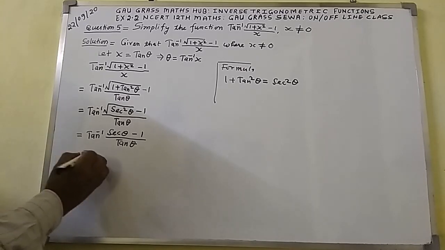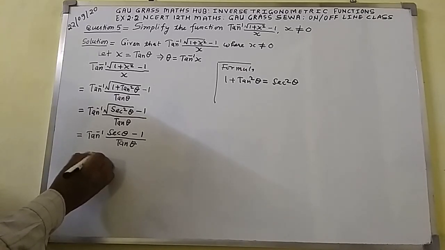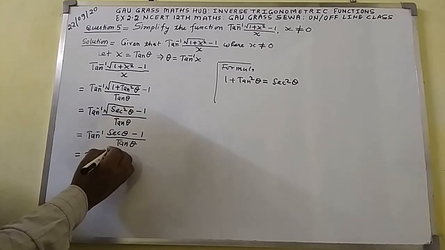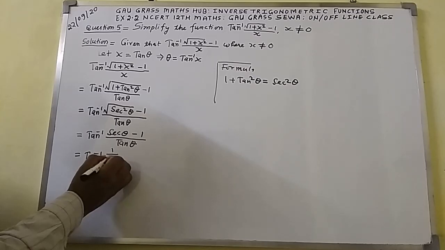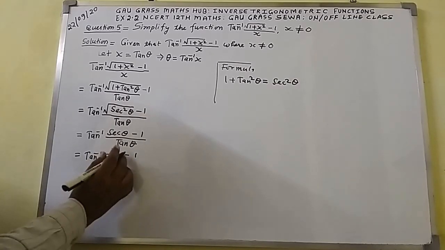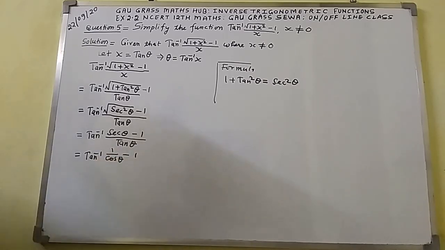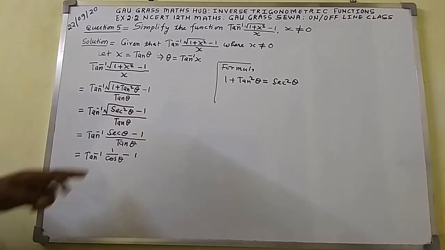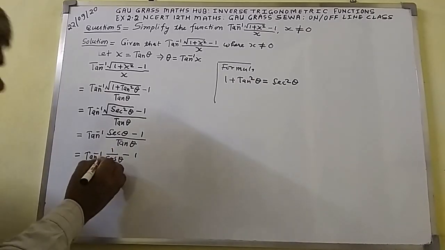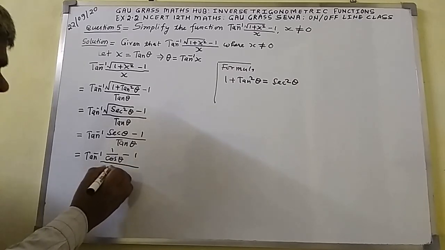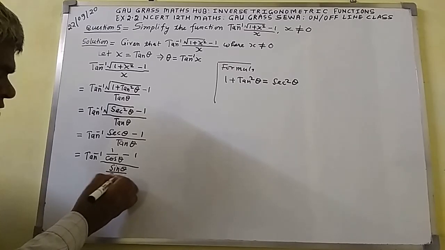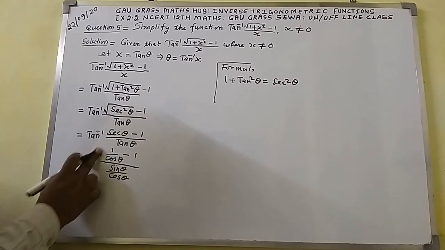So here I can write tan inverse; in place of sec theta, I can write 1 over cos theta, minus 1, whole over sin theta over cos theta.